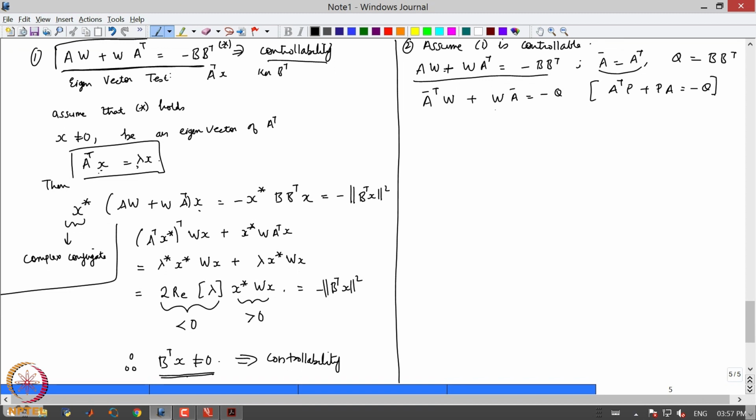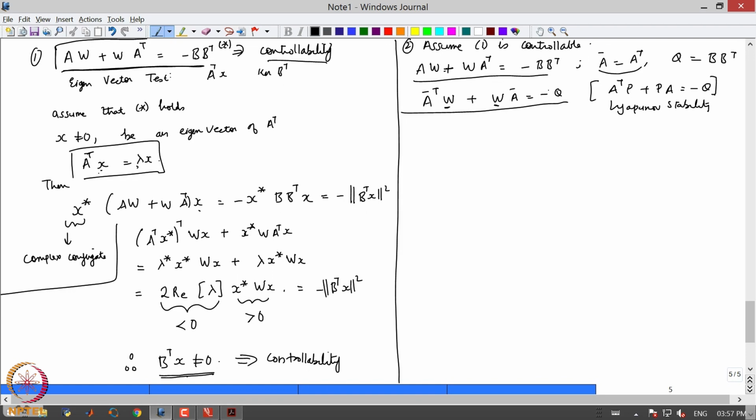To conclude that W is the unique solution, we just make use of the proofs which we had in Lyapunov stability of the previous week's lectures. What we need to show now is that this W is actually positive definite, and that this is also a solution to this equation.